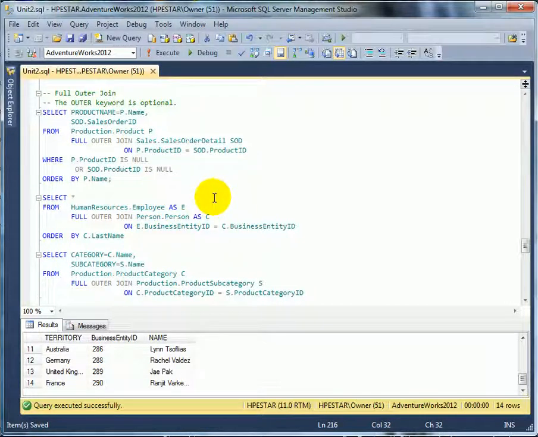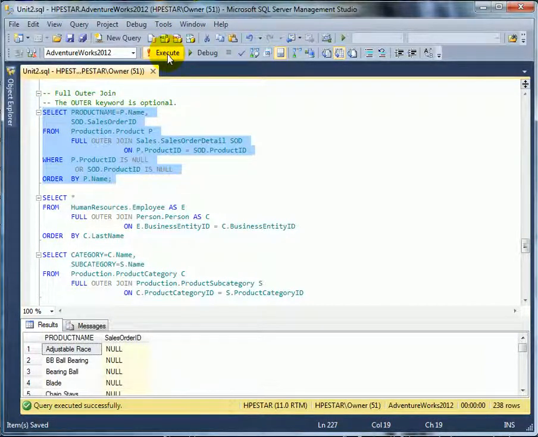In full outer join, we want the non-matching rows from both tables. We can say full join as well. So we have non-matching items in the product name.